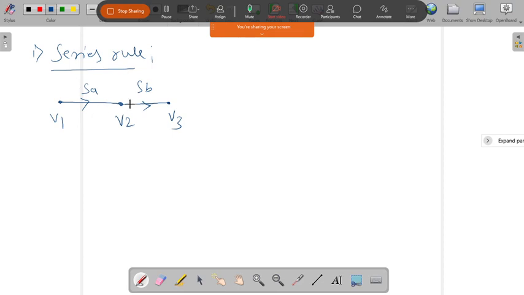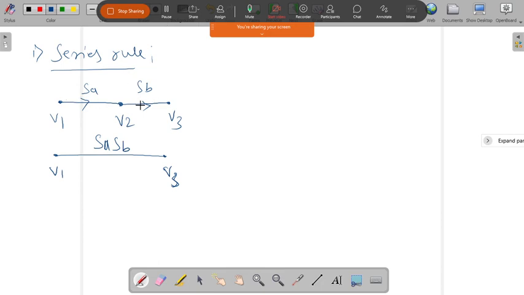So if I have two branches connected in series, then from V1 to V3 we can directly write it as the product of these, that is SA times SB. Okay, so this is the first rule, the series rule, where we multiply the multiplying factors of the branches.